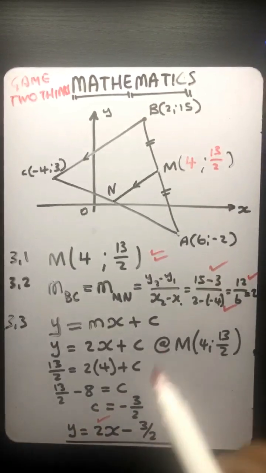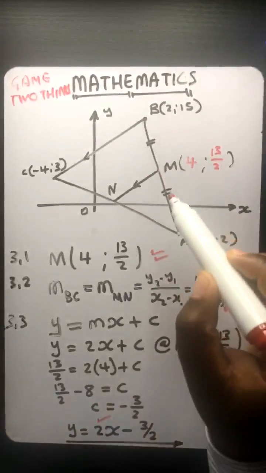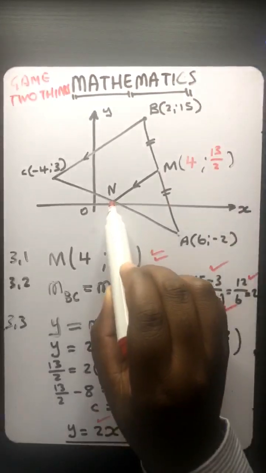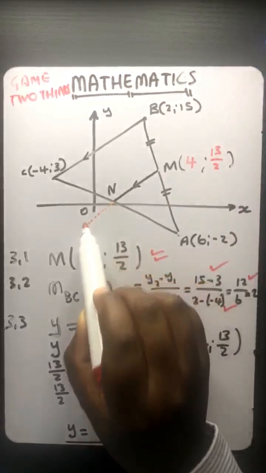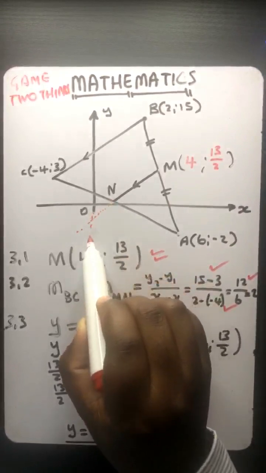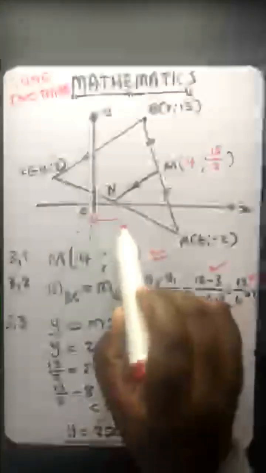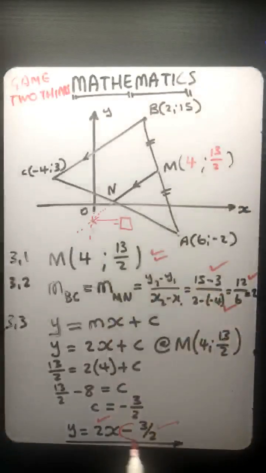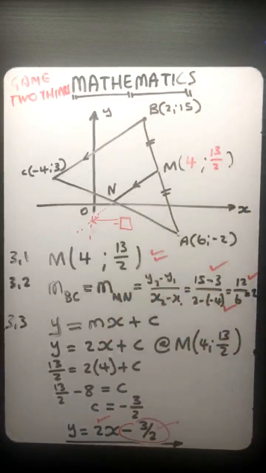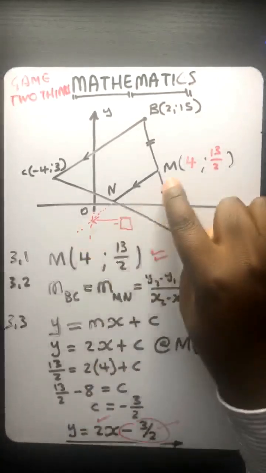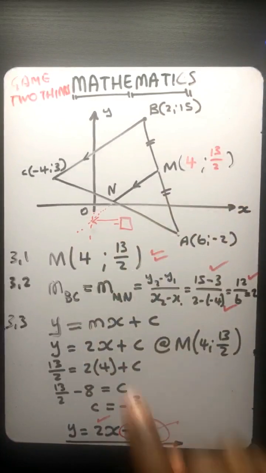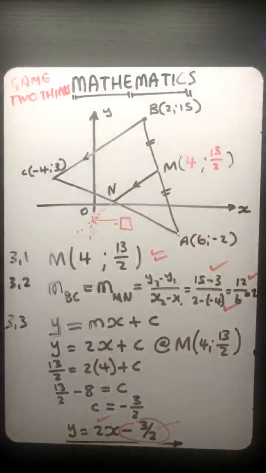Maybe let me add on to that. Regarding c, you can see that if you had to extend that line, it actually cuts the y-axis on the negative side. So that's why you are having a negative c value there, which is another indication that possibly this is the correct equation of that line.